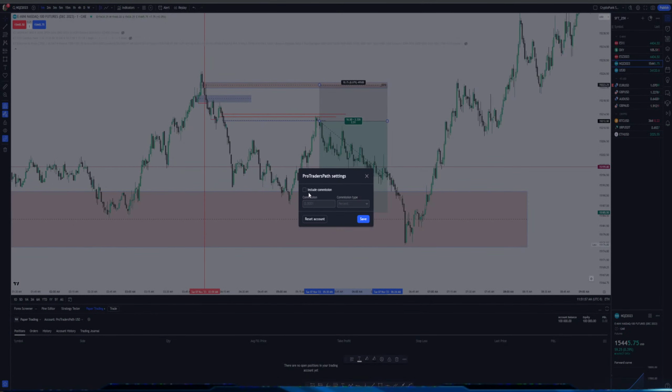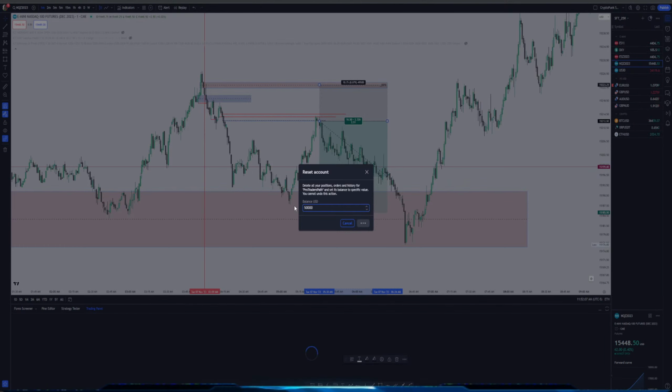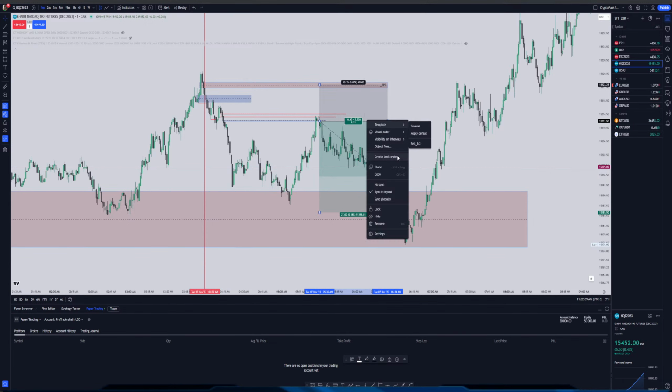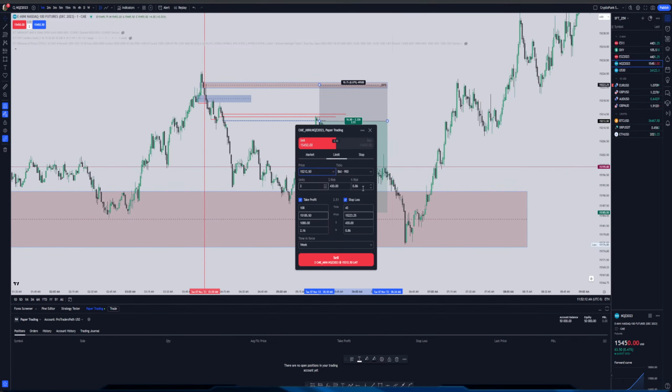Let me set it to around 50. What is this? Reset account. Since I trade based on the 50% and 1% of that. Okay, so let's see how much it could have cost. So I risked with this trade 0.86%. So I didn't risk higher than 1% during my silver bullet.